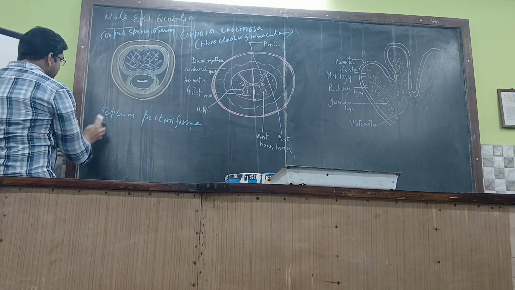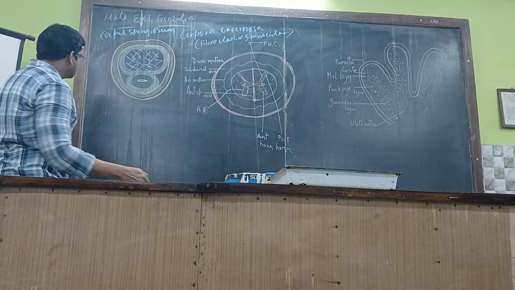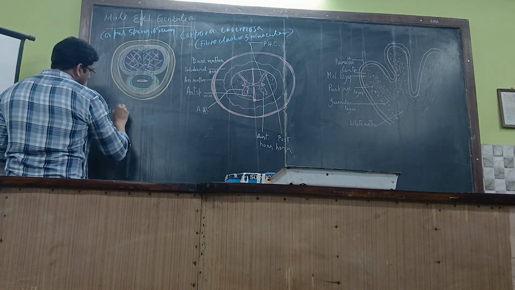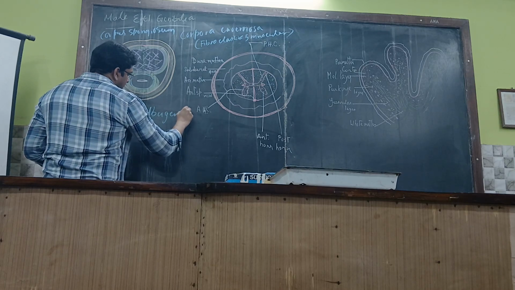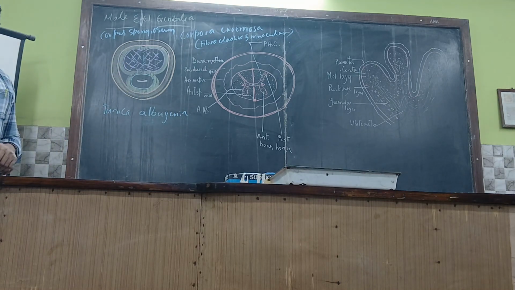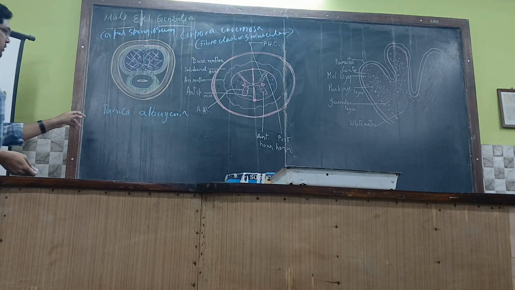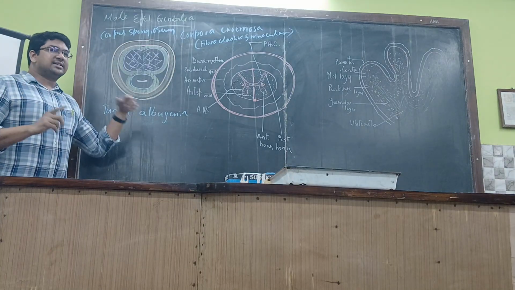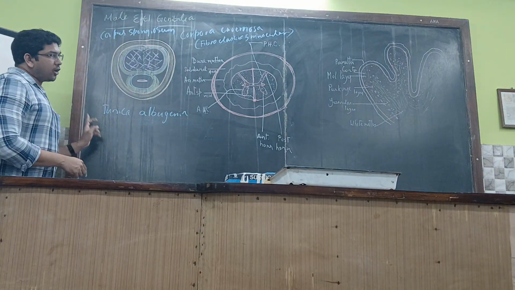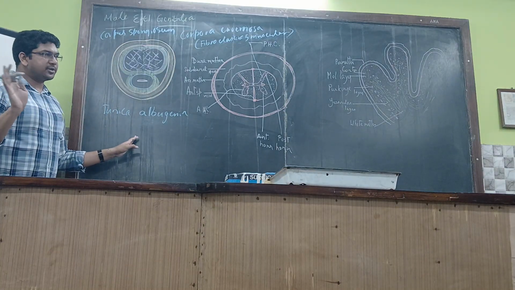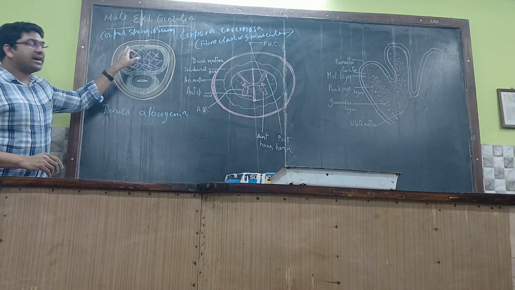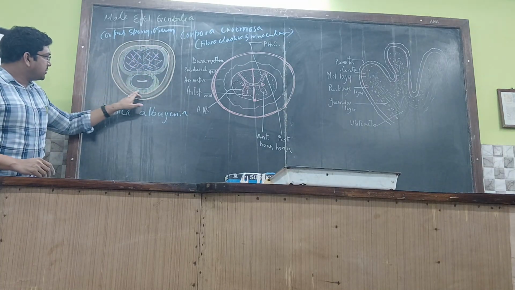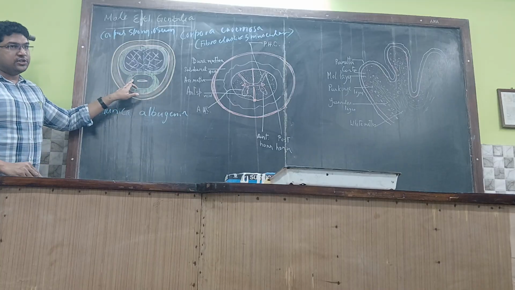This is termed as tunica albuginea. Yesterday we have seen tunica albuginea in the testis, a purely fibrous structure. Here also it is purely fibrous. So this is the tunica albuginea around the corpora cavernosa, and this is the tunica albuginea around the corpus spongiosum.